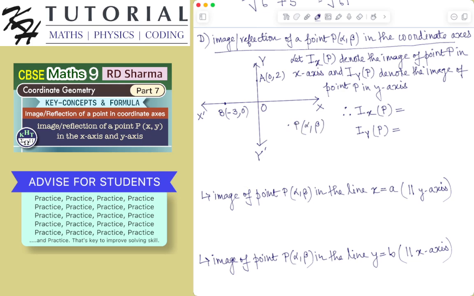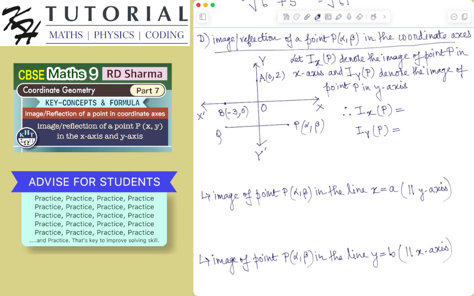Geometrically, what does it mean by the image of this point P in the y-axis? From the point P, I will draw a perpendicular on the y-axis, and I will extend it to the point Q, so that this point Q will be at the same distance from the y-axis as the point P is.